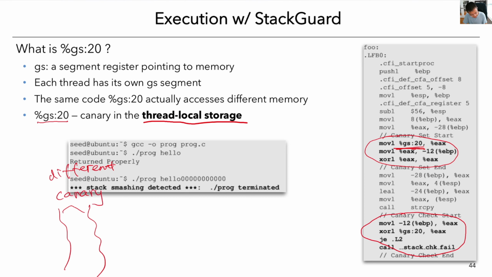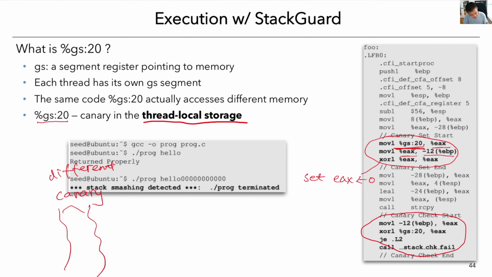I'm not going to get into too much detail. When we look at this piece of reference monitor, we move the canary to EAX, then we move EAX to EBP minus 12. Then we XOR EAX with EAX. When you XOR a number with itself, you set EAX to 0.